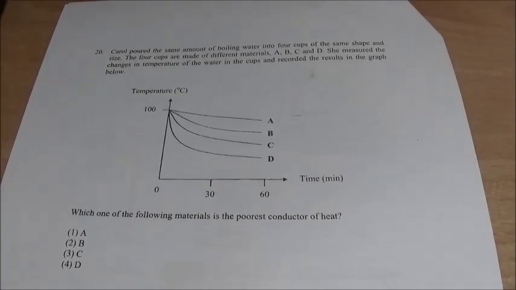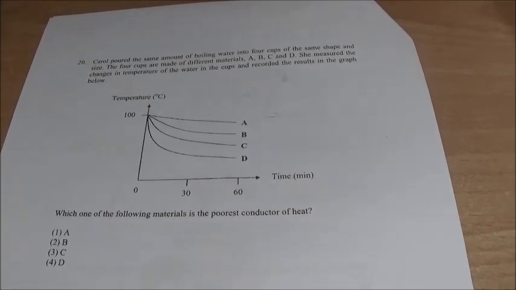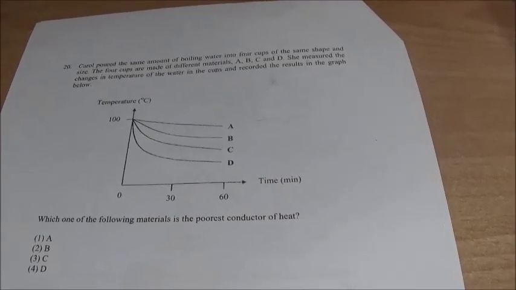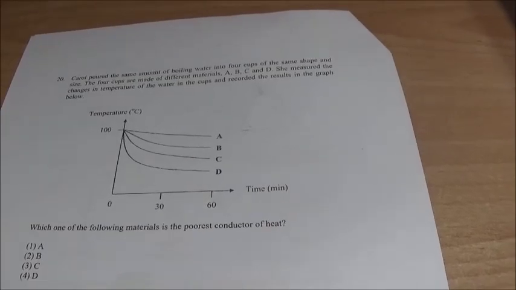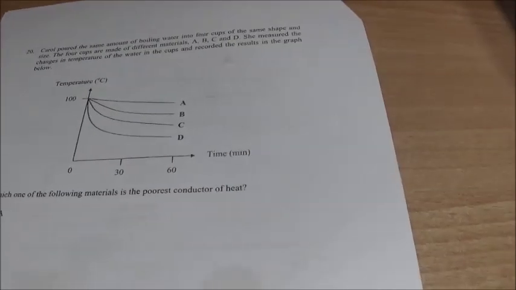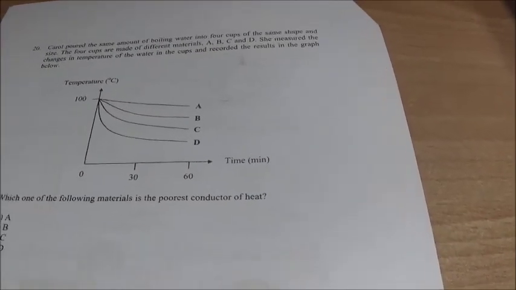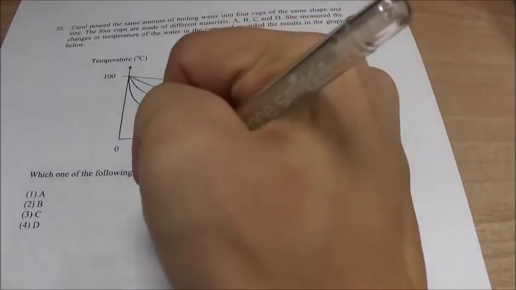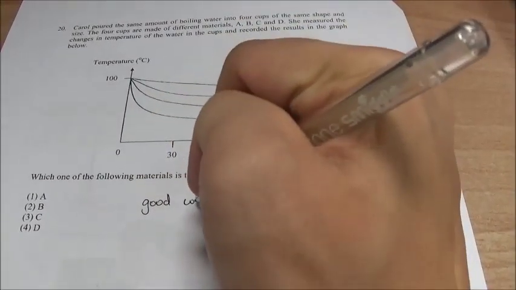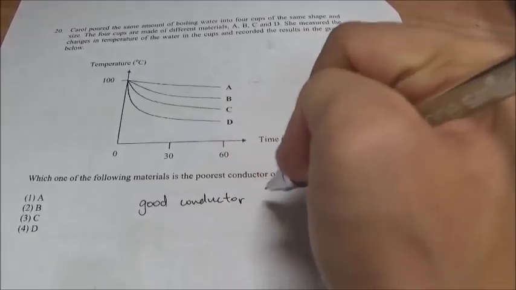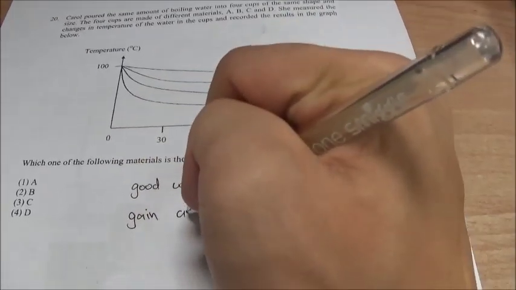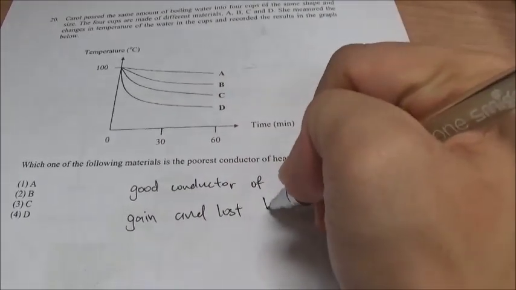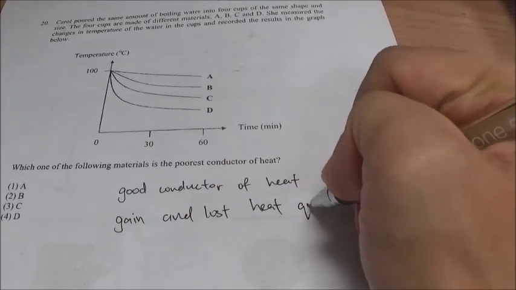Okay, the next one. Carol poured the same amount of boiling water into 4 cups of the same shape and size. The cups were made of different materials A, B, C, D. She measured the changes. Which one is the poorest conductor of heat? Okay, always remember, good conductors of heat gain and lose heat quickly.